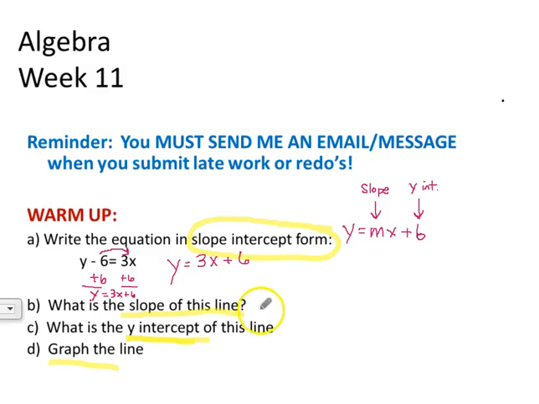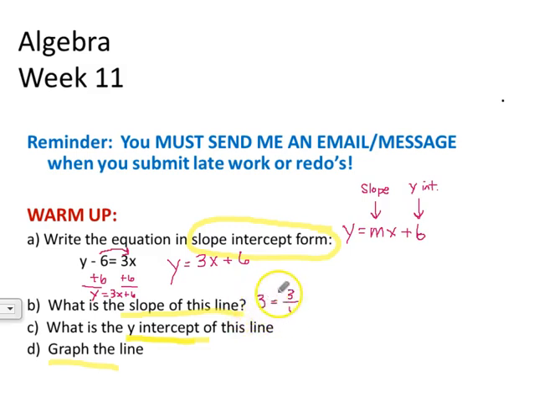So now we can quickly identify the slope. Remember, the slope is the number being multiplied by the x. So the slope is going to be 3. I like to write my slope as a fraction so that I have my vertical and horizontal movement. So we know 3 over 1 is the same thing as 3. But I like to have it as a fraction so that I don't forget that there's some horizontal movement as well.